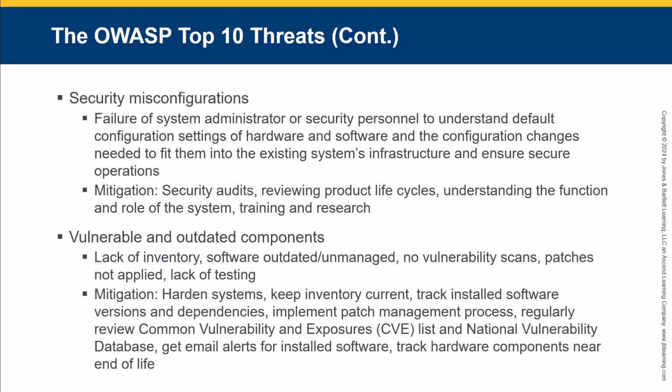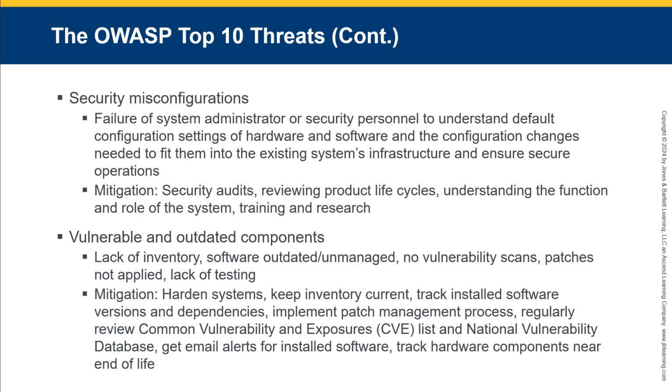Security misconfiguration is basically a failure of system admins or security personnel to understand the default configuration settings of the hardware and software, and the configuration changes needed to fit them into the existing infrastructure. I.e., sometimes people design the controls incorrectly or don't test the controls, so it opens up new vulnerabilities.